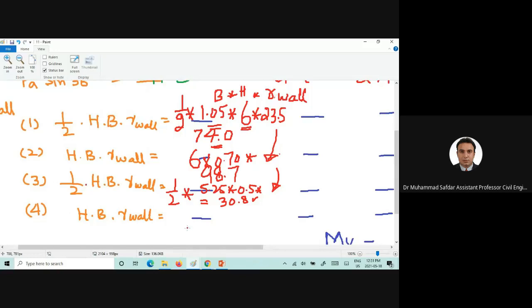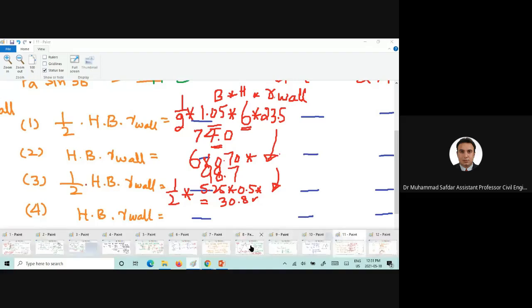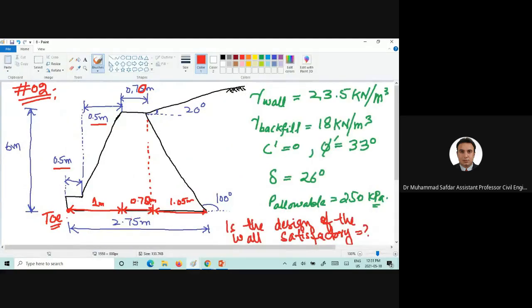Now, for the fourth part of the retaining wall, you can simply find out the weight of that part by multiplying height and width. So, how much is the height?